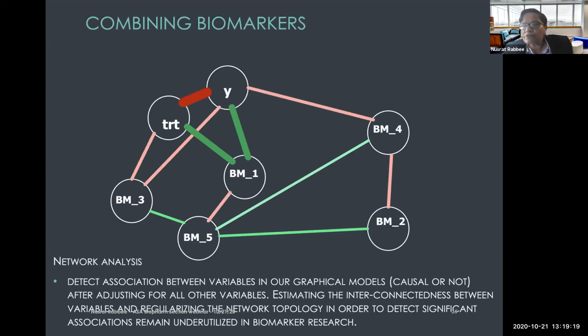Then again, back to the graphical method. So this is a relatively novel method. You can call it graphical method or network analyses. And I see that you can actually enter treatment and endpoint and these biomarkers. And let's say that the green edge here, these are acausal undirected graphs that I made through our package iGraph.